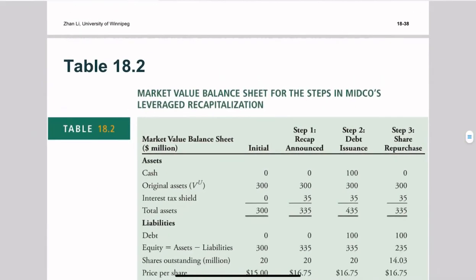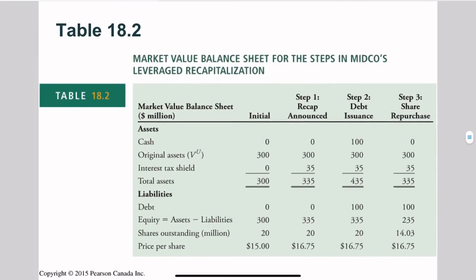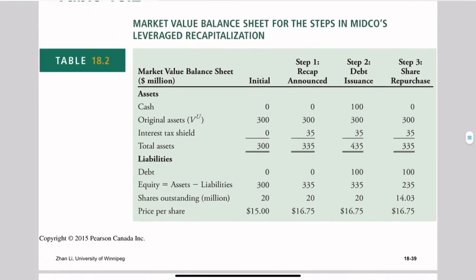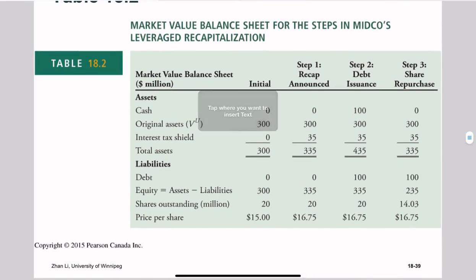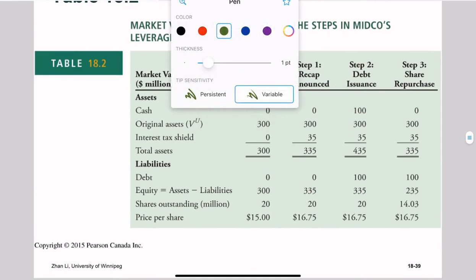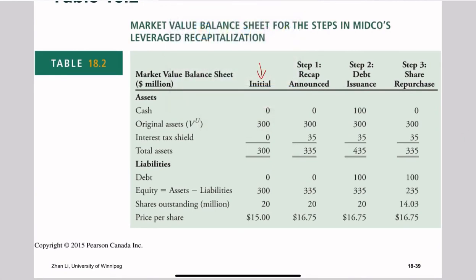now let's see this table, which gives you a clear picture on how this process works. So we basically have three different periods. Right? So you have this initial period. And in period 1, the firm says, hey, I want to do this leverage recap.